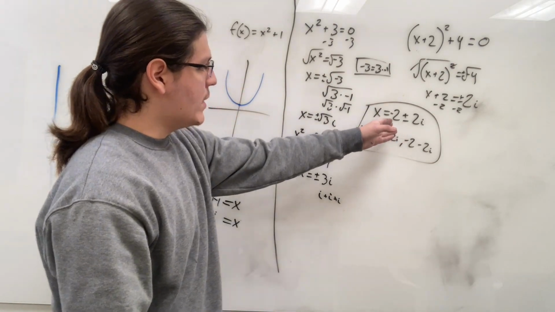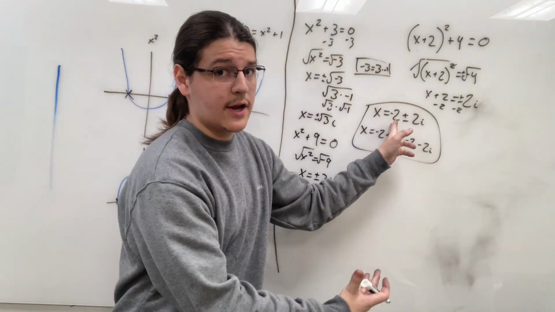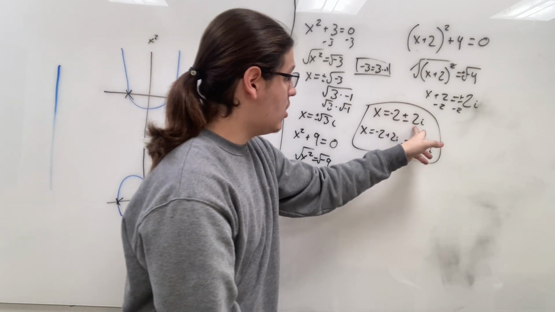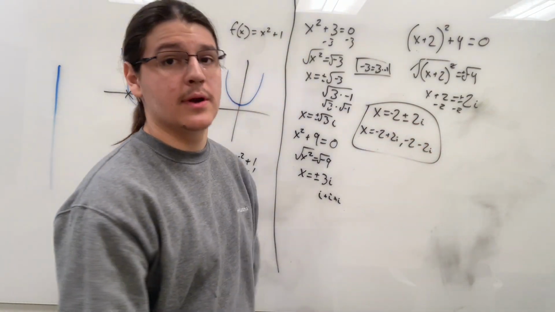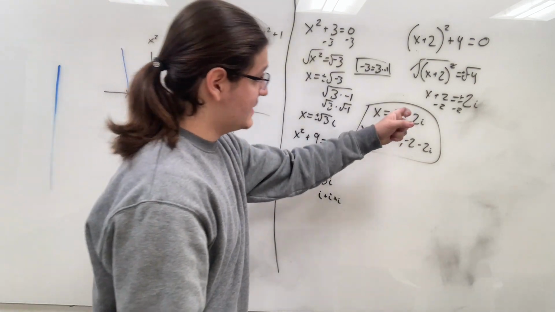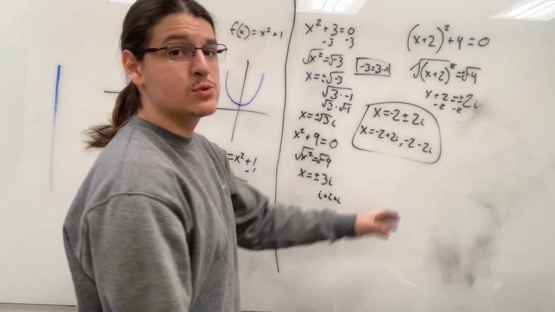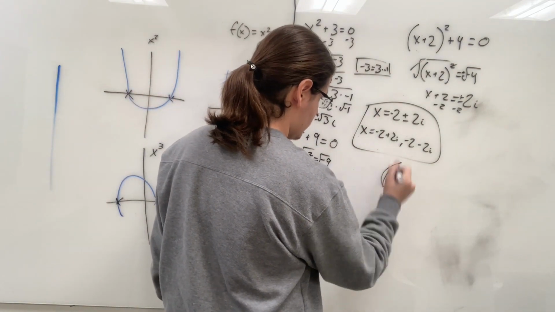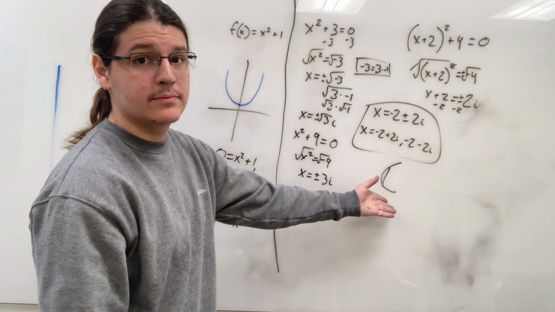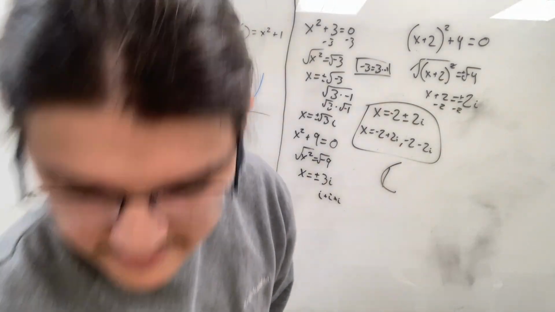Now here we have a real number, -2, added and subtracted from an imaginary number. This is what we call a complex number. Complex number. That looks bad.